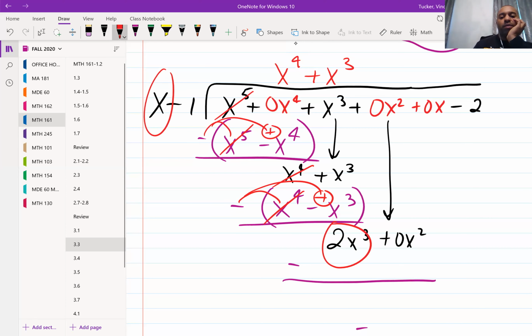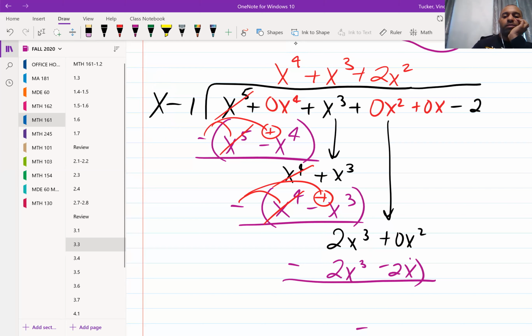What times x will give you 2x cubed? That's going to be plus 2x squared. All right, distribute the negative.